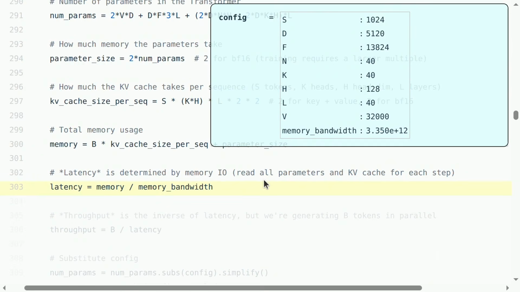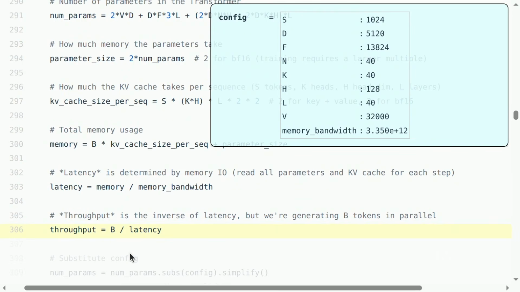So that's how long it takes to move memory around. Throughput is the inverse of latency, but we're generating B tokens in parallel. So this is seconds per token. This is tokens per second, as well as having an additional B because you're processing a batch of B.